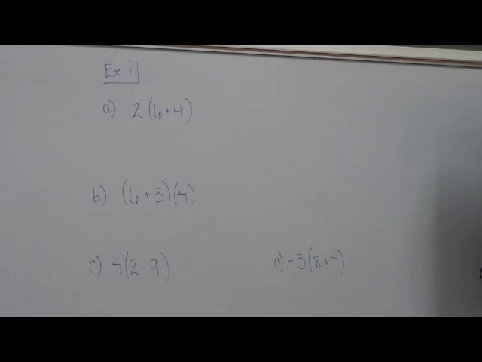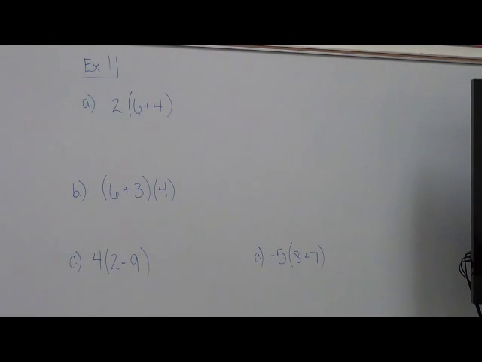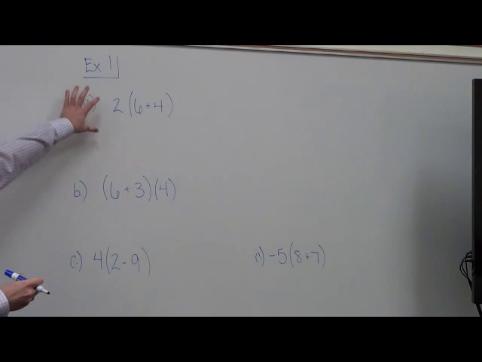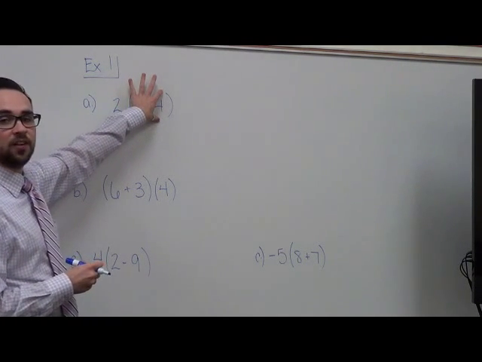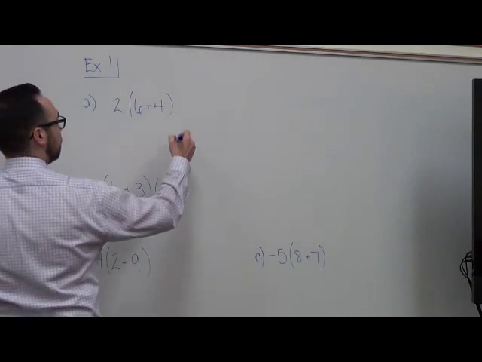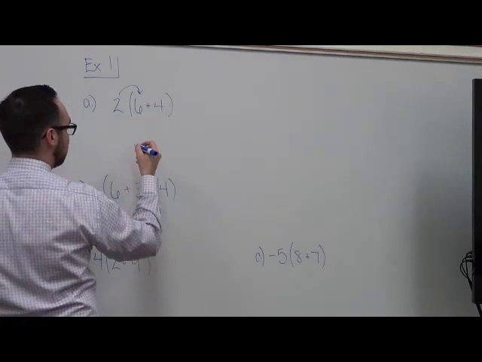The examples I have for now are all just numbers. We don't have any variables in there yet. However, we are going to go ahead and practice these simply just so everyone's on the same page. Remember that with the distributive property, what you want to do is take this number that's outside and multiply it by each thing on the inside. So what you would do is you would take it, for instance, we're going to use the word distribute.